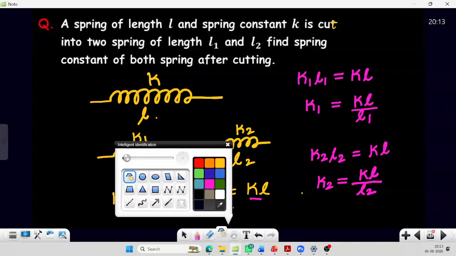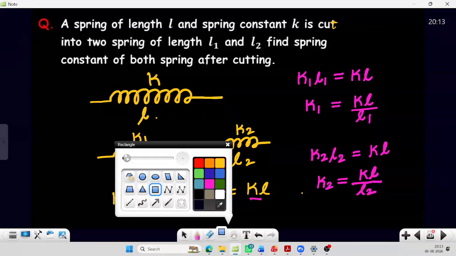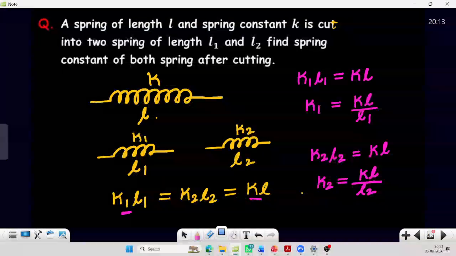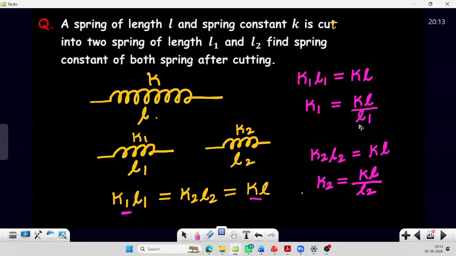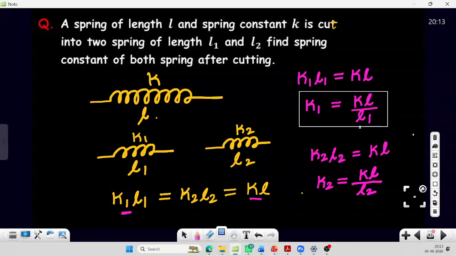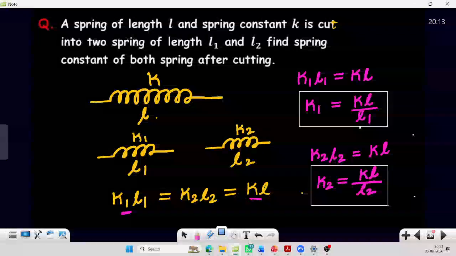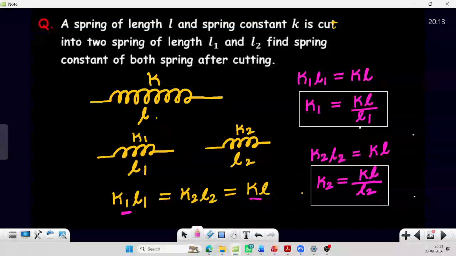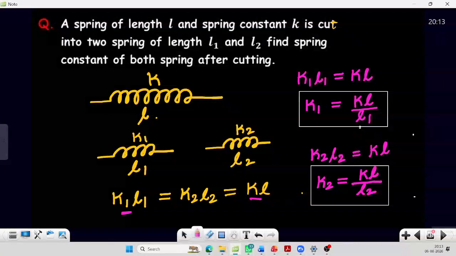These are the spring constants after cutting into two parts. Understood how you need to solve? Here the cutting may be done in any manner. The parts may be equal, or may not be equal. Next.